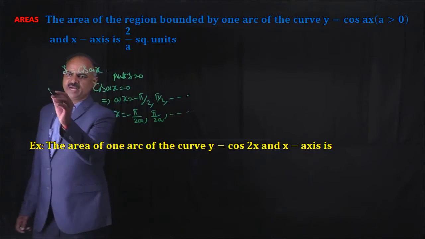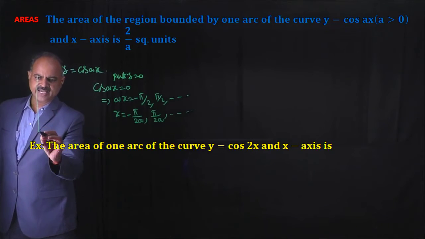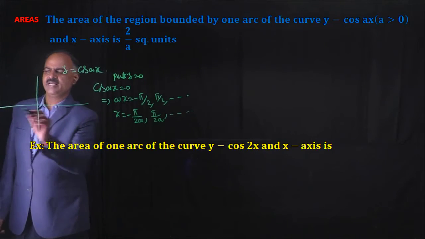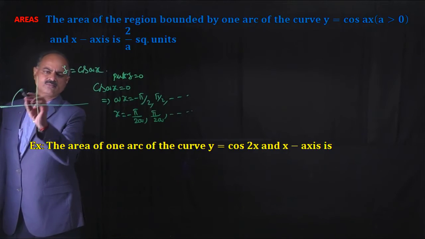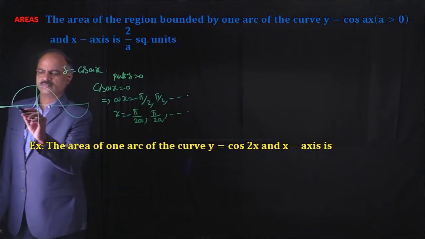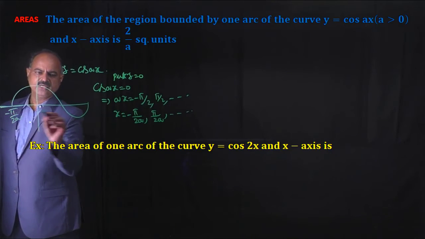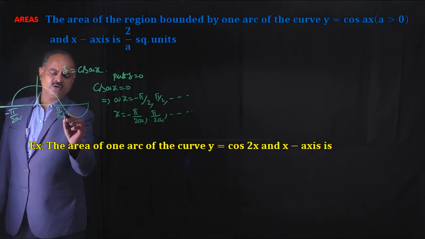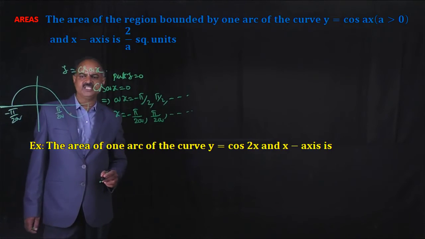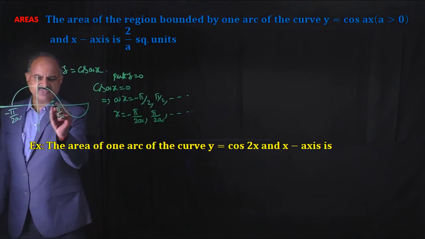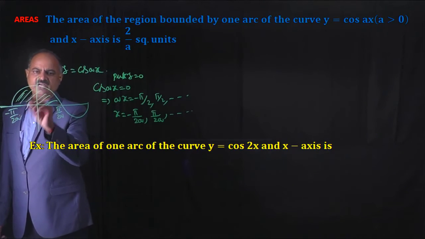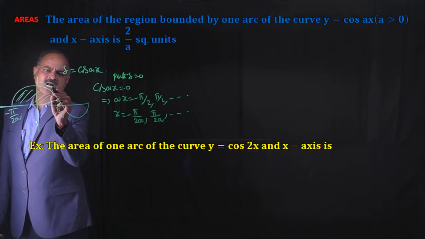So the curve y equal to cos ax crosses at minus pi by 2a and pi by 2a. Now I have to find the area of the region bounded by one arc of the curve y equal to cos ax.